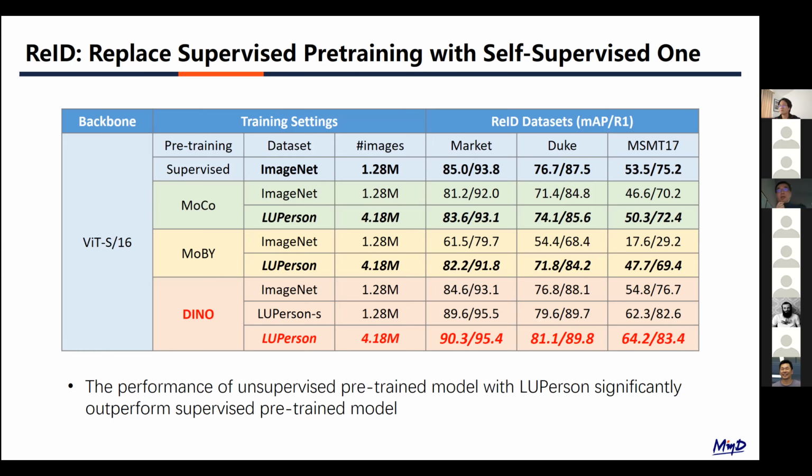So this really implies, first, that the self-supervised, unsupervised pre-training method is very useful, and second, that finding the appropriate data set for pre-training is also important.